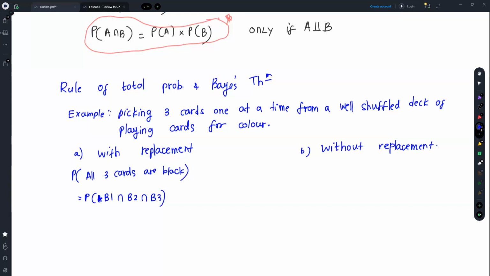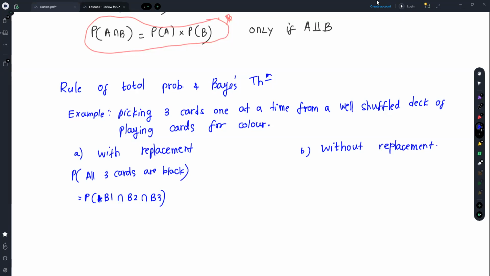When you pick the first card, you put it back. When you're going to pick the second card, does the result of the first card affect the result of the second pick? If you put the card back, will the answer for the second card depend on what occurred in the first card? What do you think? Yes or no?